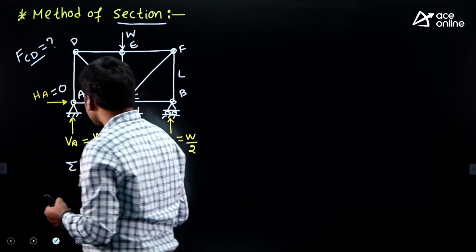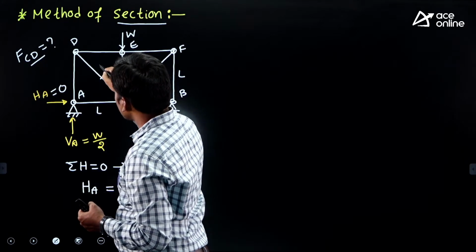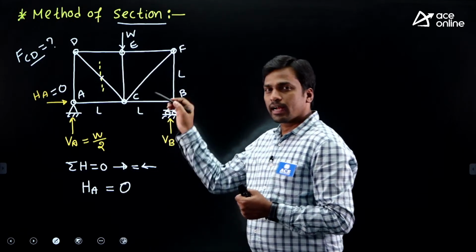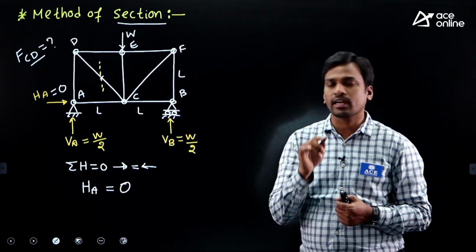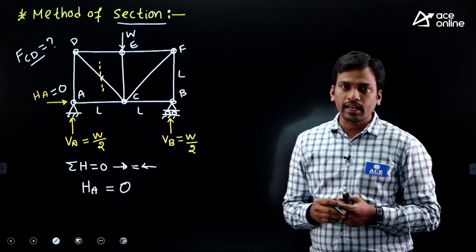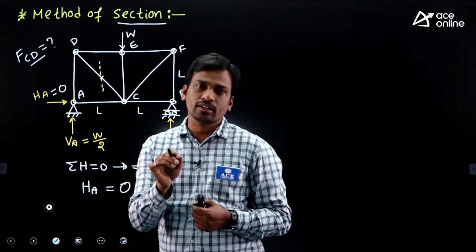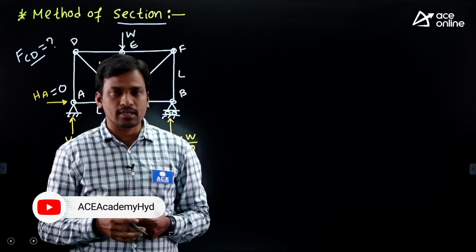Now students, is the section passing through member CD or not? It is nothing but cutting the member CD. Now this is the first condition. The second condition: the section should divide the entire structure into two separate parts.